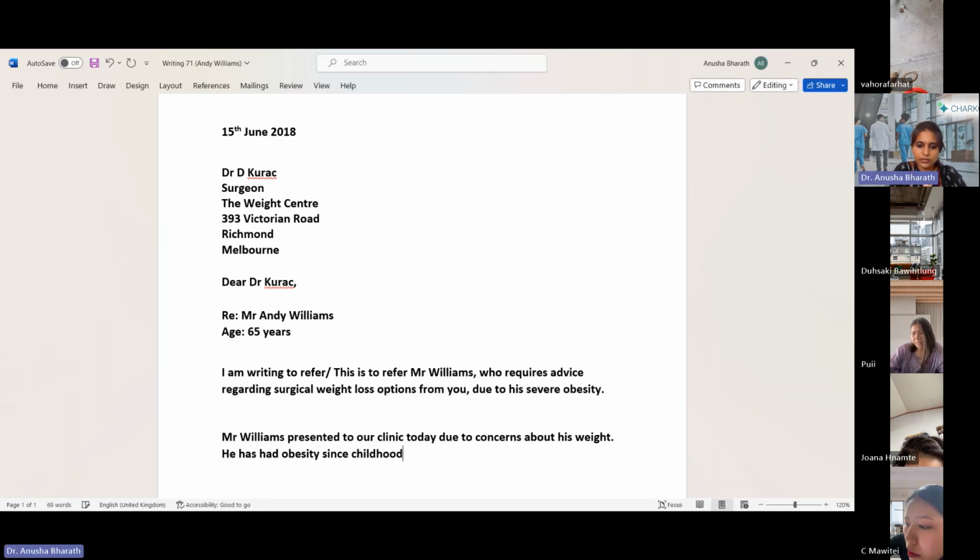You can either say this, or you can also say he has been obese since childhood and has what? See, this man has gained weight every decade.